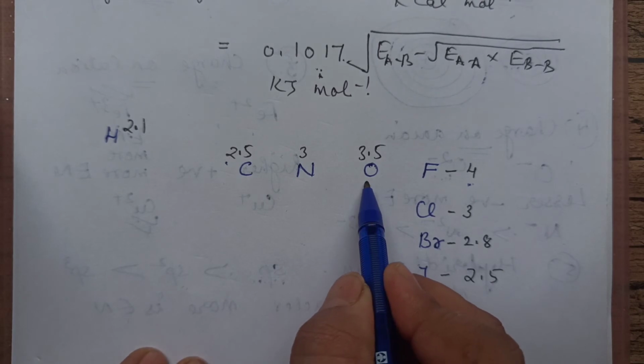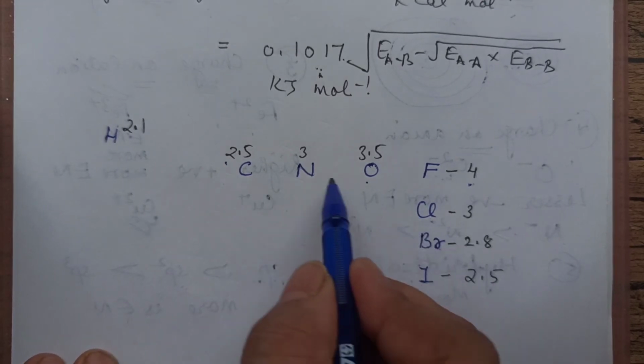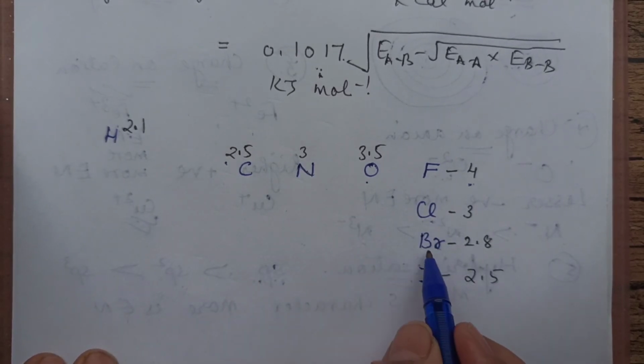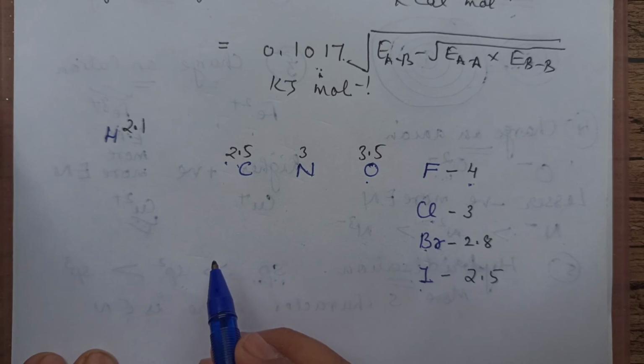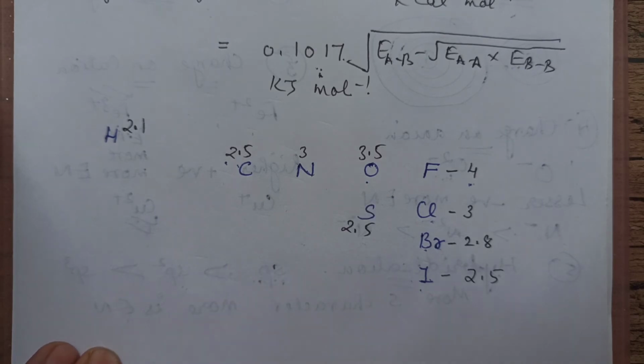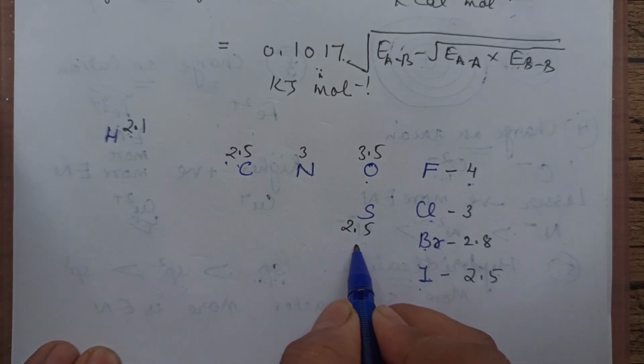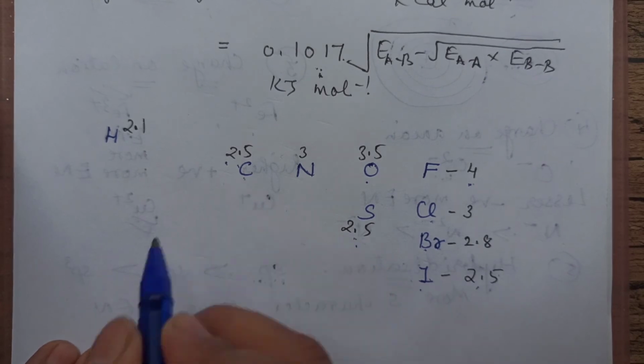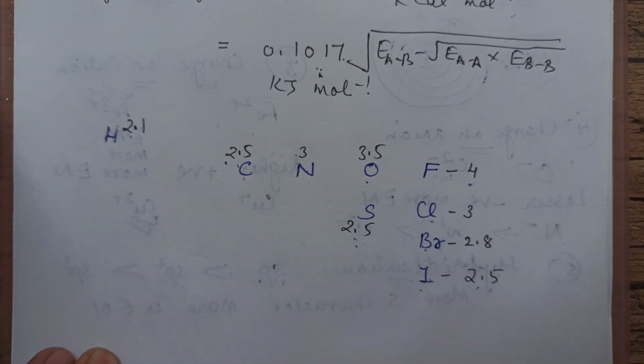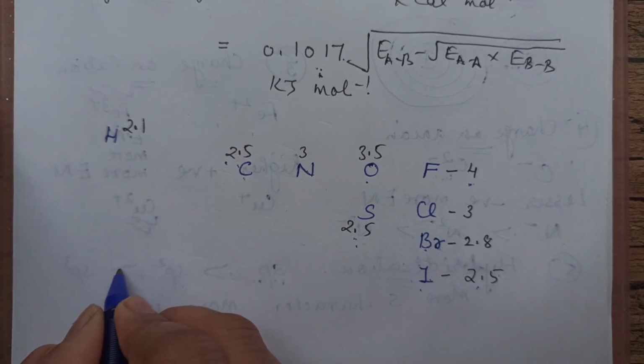Then comes oxygen. Then it is nitrogen and chlorine both same. Then it is bromine. Then these two are same. Iodine and this, and even sulfur is also 2.5, 3 elements having 2.5, and hydrogen is 2.1. So he could place them like this.